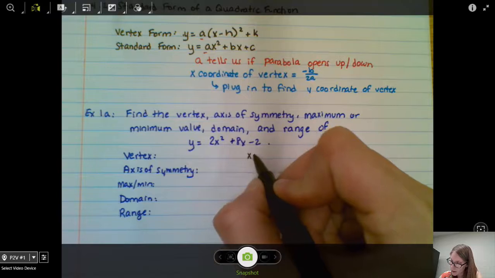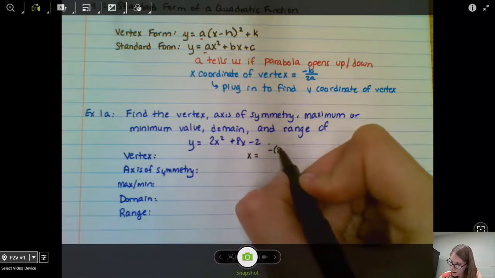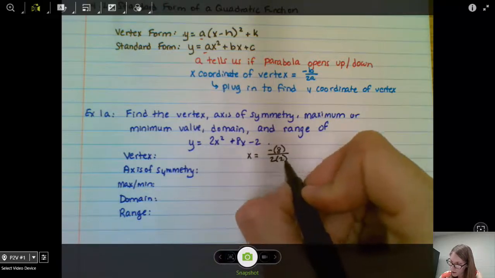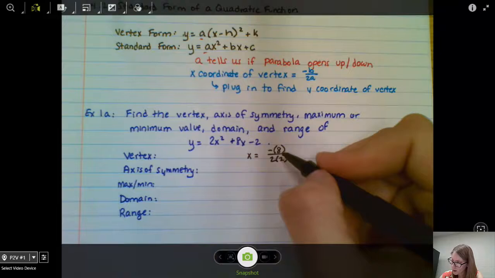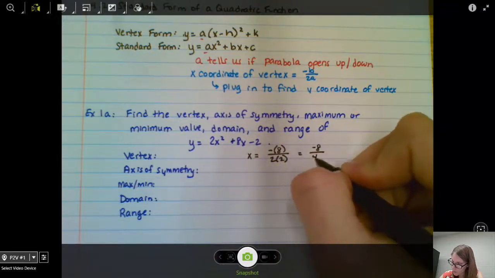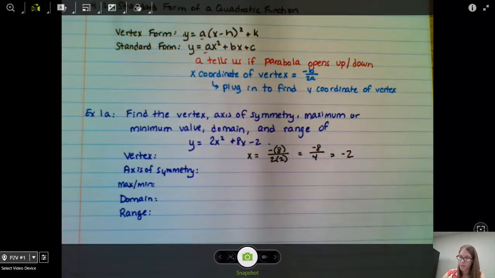So my x coordinate equals negative b, we said was 8, over 2a, the number in front of the x squared term. And that's negative 8 over 2 times 2 is 4. Negative 8 over 4 is negative 2. That's the x-coordinate of my vertex.